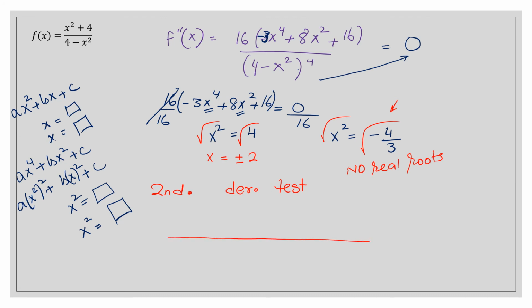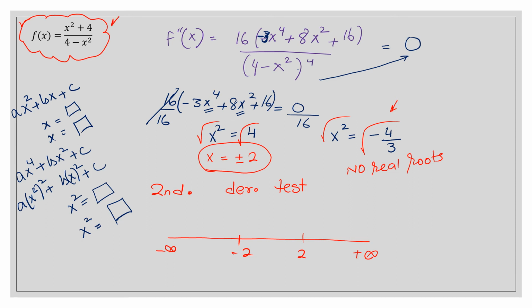Make a number line, negative infinity till positive infinity. Now, before doing this, here you have negative 2 and positive 2. But before telling you whether they are the inflection point or not, just have a look at the question. So here is the question, f of x equals to x squared plus 4 divided by 4 minus x squared.